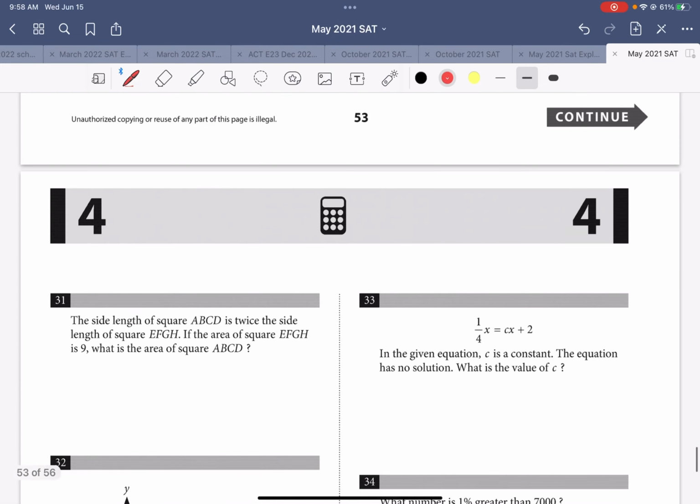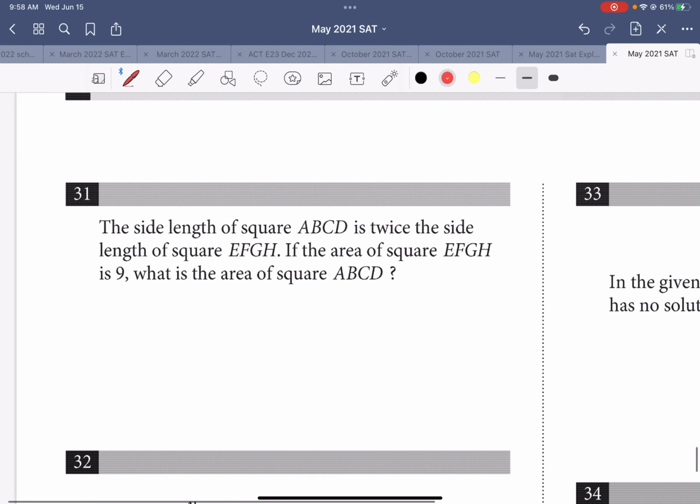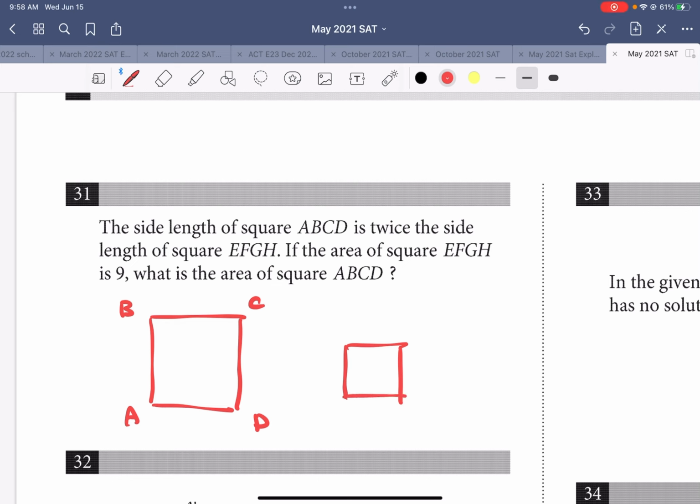Next one, number 31. The length of the side of square ABCD is twice the side length of square EFGH. So you can quickly draw this one. ABCD is a little bigger square, A, B, C, D, and you have a smaller one, E, F, G, H. Those are squares.